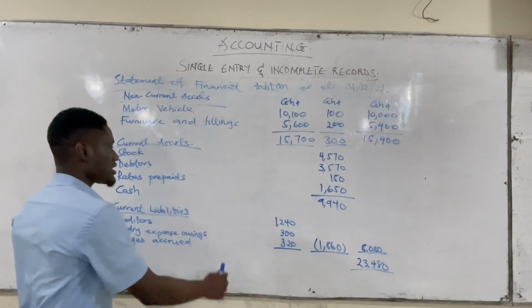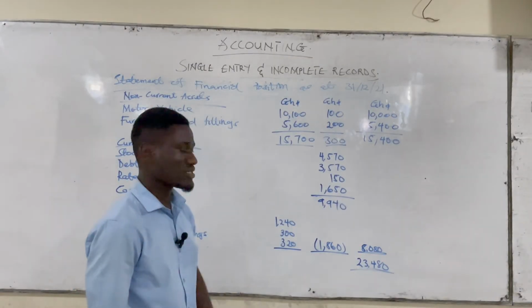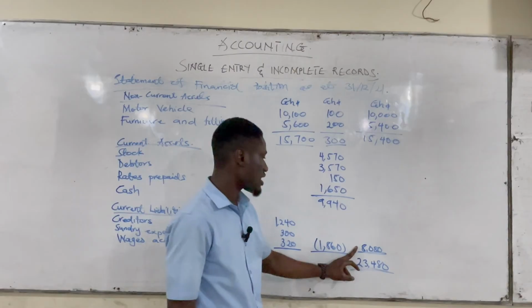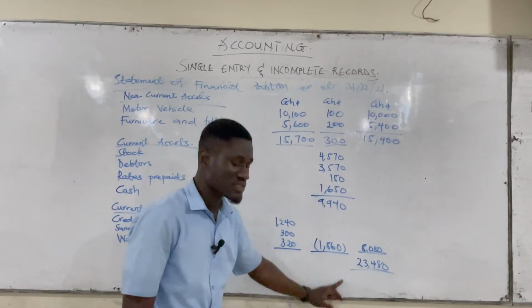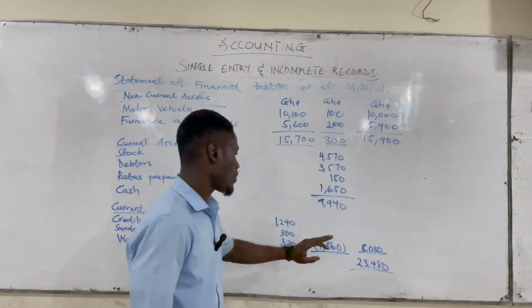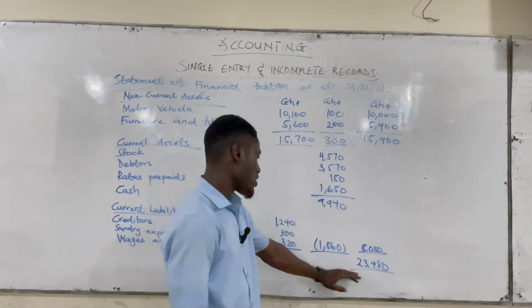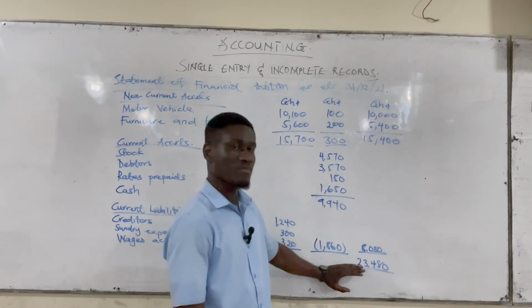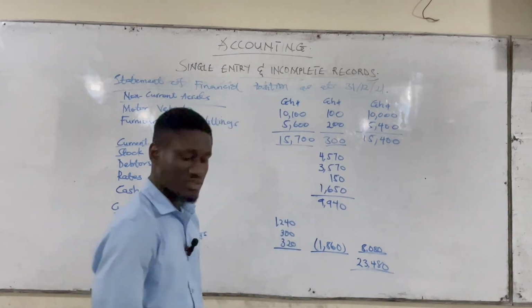Then we'll come to our current liabilities. We'll add them and less from the total of the current assets. Then we are getting our working capital. Then we add this working capital to our non-current assets, then we are getting our net assets. So with this net assets, after drawing up our financed by, we should be getting this amount to show that we've completed the work.